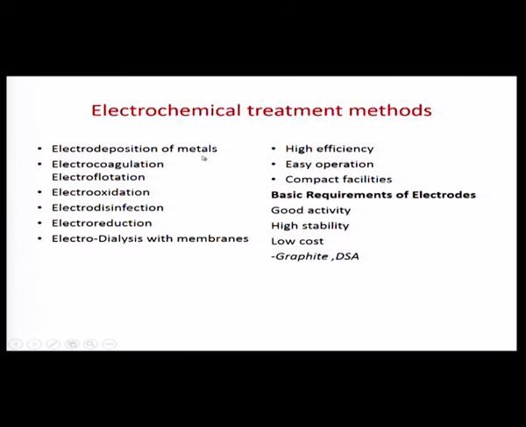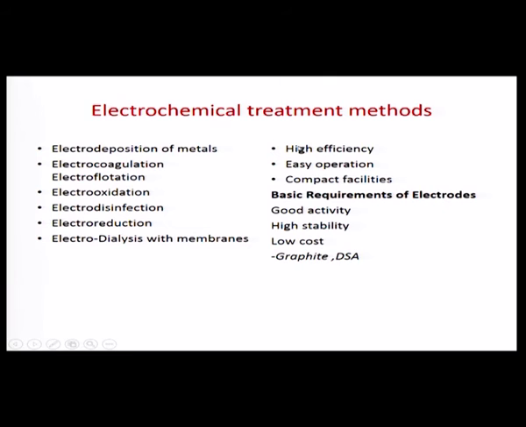Electrode deposition of metals: heavy metals can be deposited on the cathode using this principle. Electrocoagulation, I will explain what this is. Similarly, electroflotation, electrooxidation, electrodisinfection, electroreduction, and electrodialysis with membranes to remove salt content and TDS, all very useful electrochemical treatment methods.